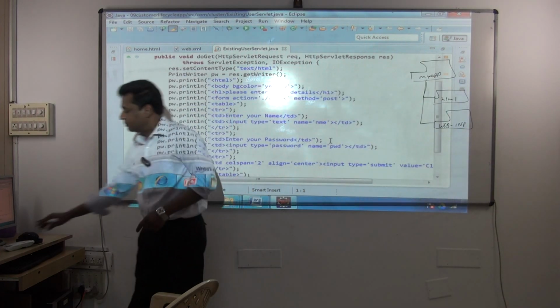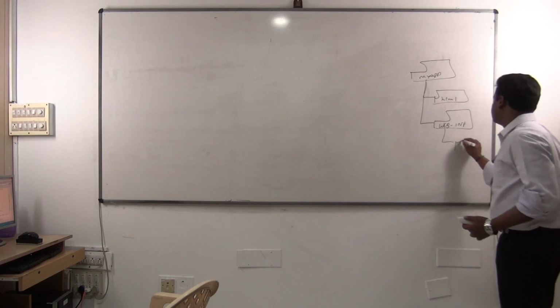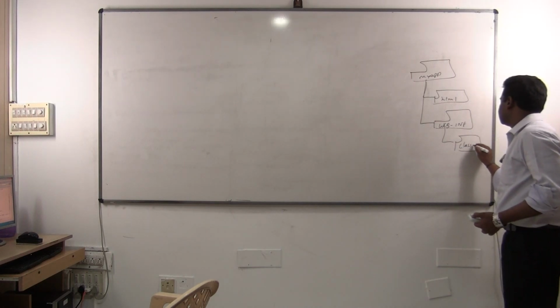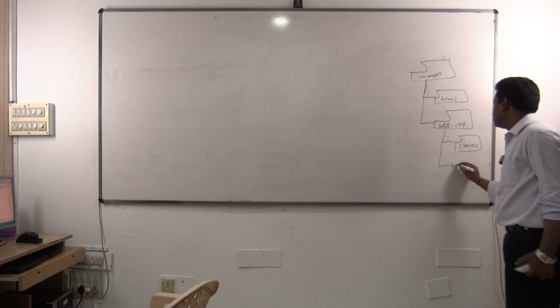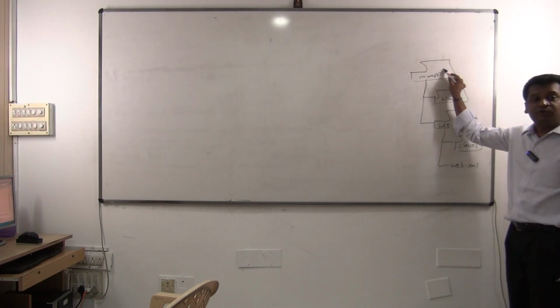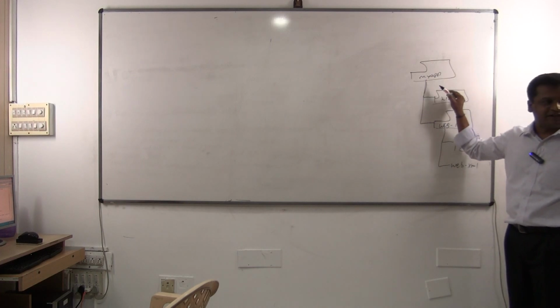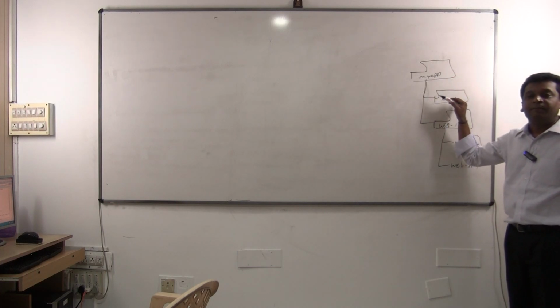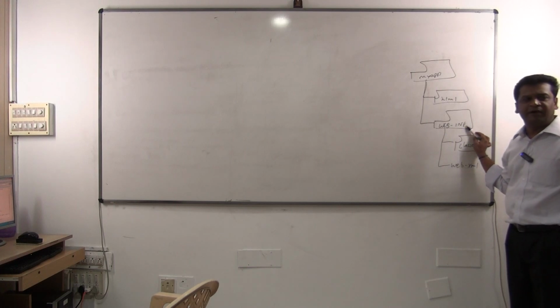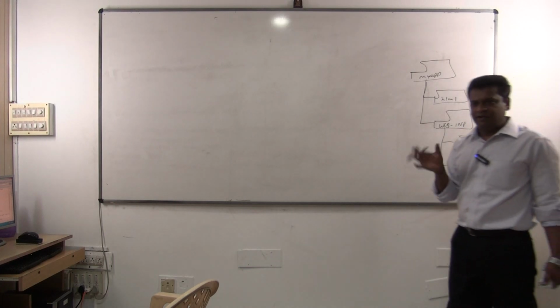This is classes. And this is web.xml. If you want to go from HTML to WEB-INF, you have to use what? Two dots. So that is the first navigation that will happen. But the next time you are already where? In WEB-INF. So that is why you will be using what? A single dot. Okay. If you understood, fine.